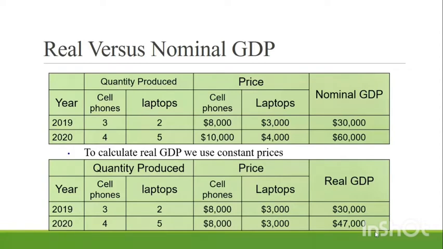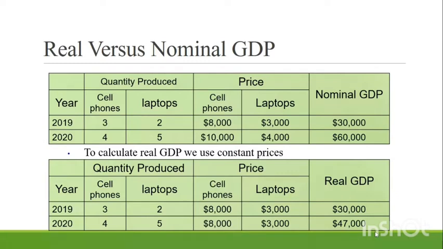Now we come to the second part of this lecture, where we calculate the real GDP. As you know, to calculate the real GDP, we keep the prices constant. We keep the price level unchanged. So coming to the second table, again we have the first column which talks about the year, then the second column, quantity produced, the third column is the price level, and then we have the real GDP.